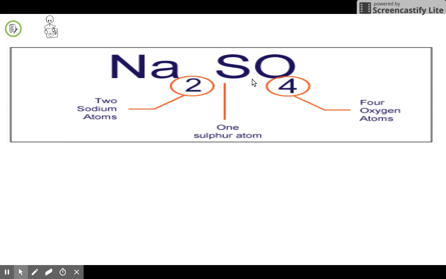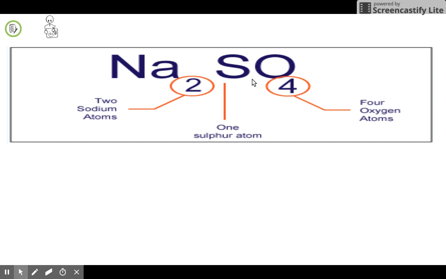Does that mean that there's nothing there? No, it doesn't mean that. It means that there's 1 because sulfur is indeed present in this chemical formula. However, I only need 1, so there's no need to put a 1 if the S represents 1 of that atom.